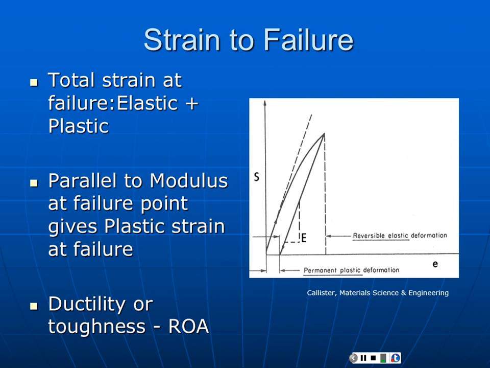Now, the other measures we want to pull out of the stress strain curve are the strain to failure, and there are two elements to that. There's the total strain at failure, which includes both elastic and plastic strain. Let's say this had broken at this point. If we had stopped and unloaded, we would have had elastic deformation at that point of failure and plastic deformation at that point of failure. So the total strain at failure, we would just read straight down. That's what it was when it broke. We can then draw an imaginary line parallel to the modulus, and from that estimate how much of that strain was permanent or plastic deformation.